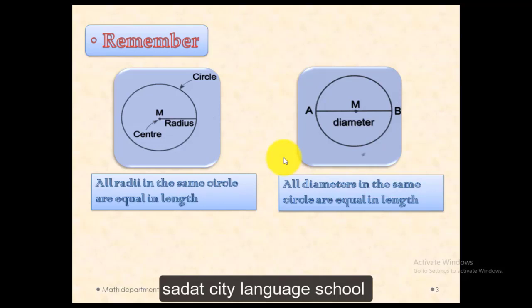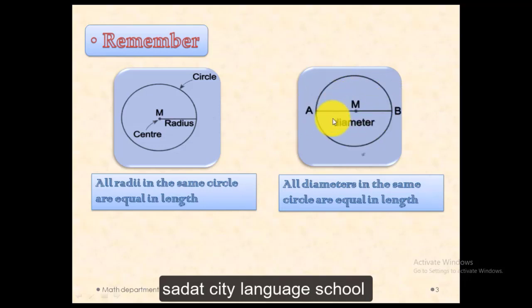Do we have a relation between diameter and radius? Yes. Look here. AB represents diameter. AM represents radius. MB represents radius. And AB represents the whole diameter.